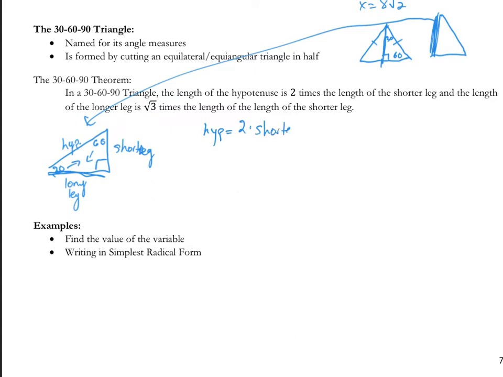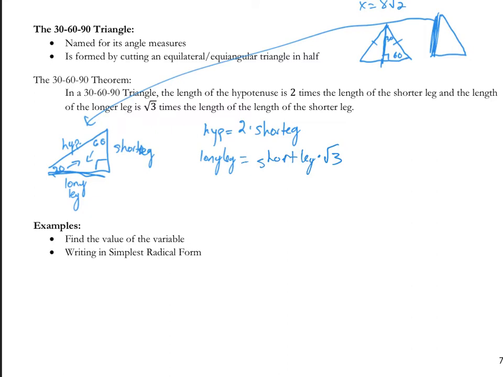So it's literally double the short leg. Or we know that the long leg is going to be equal to the short leg times radical 3.